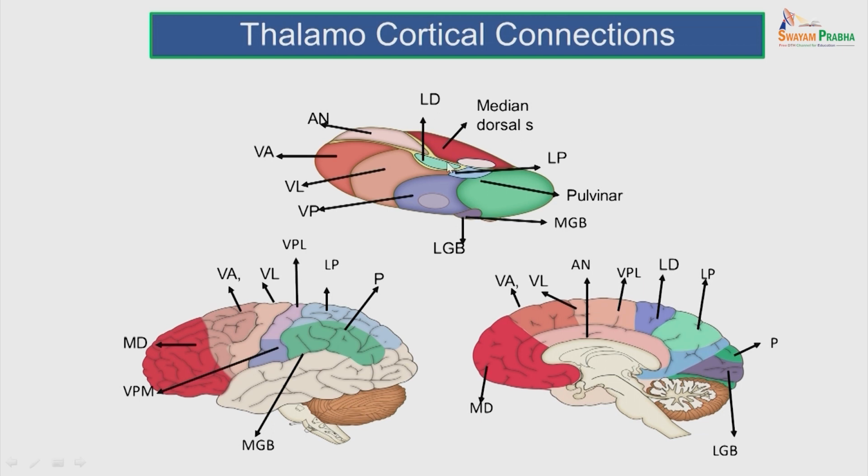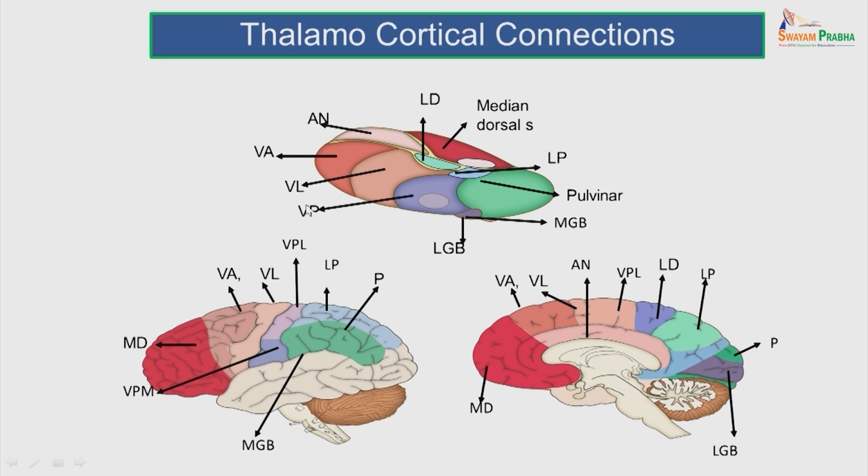We have the dorsolateral nucleus, which is relayed in the superior parietal lobule. The median dorsal nucleus is relayed in the prefrontal cortex area, both on the superior lateral surface and on the medial surface. The pulvinar, which is a continuation of the medial and lateral geniculate body, relays in the associated visual area.